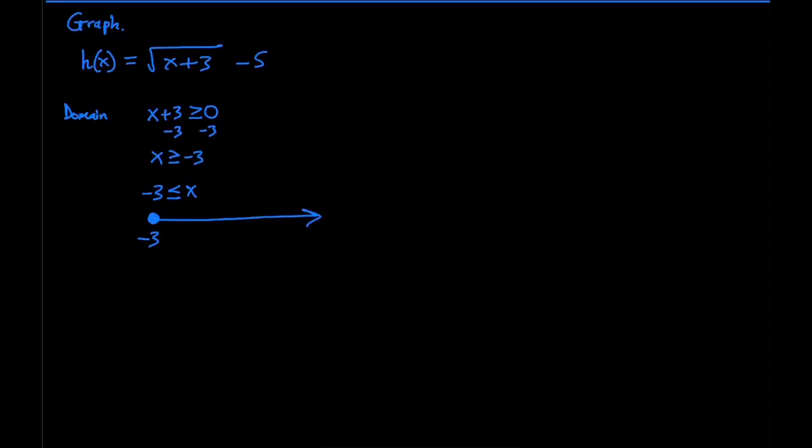Now, one more thing you can do. We know that it starts at -3 and goes to the right, but also because of this -5 that's out here by itself, that means it got shifted down by 5. And you can either sketch this using that property, or at this point you can just switch to finding actual points to plot.